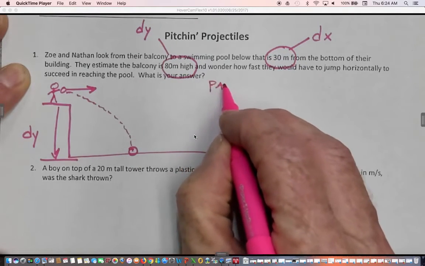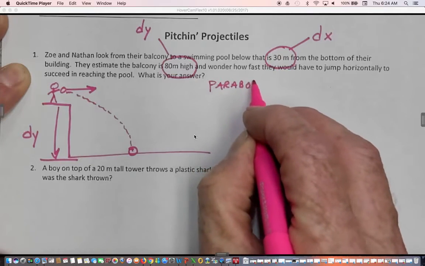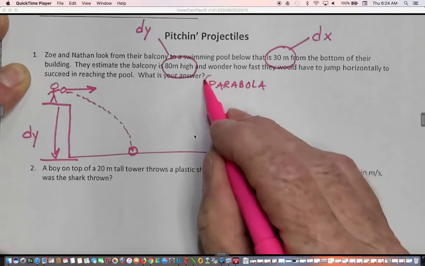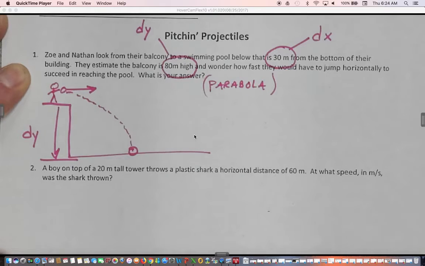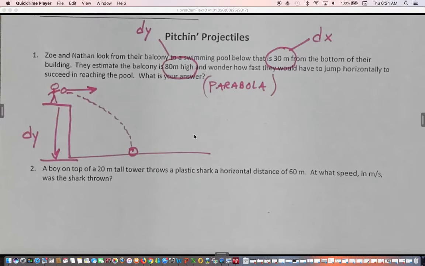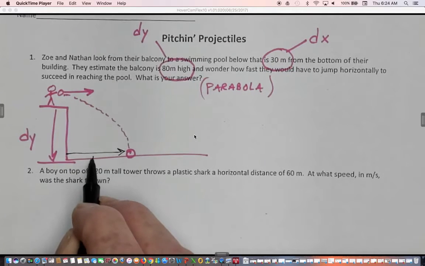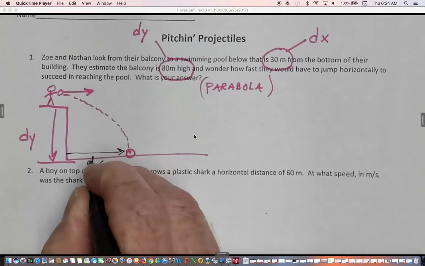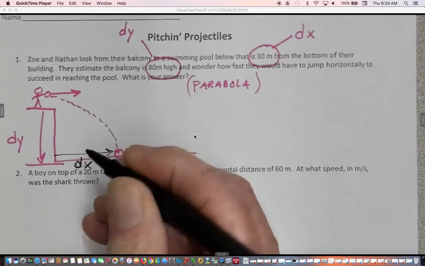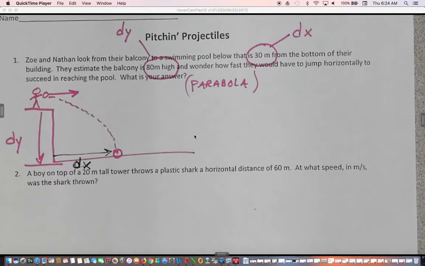So the path is a parabola. That's the name of the path, something you need to know. Well, this distance here has to be the x distance, or what we want to call the range.